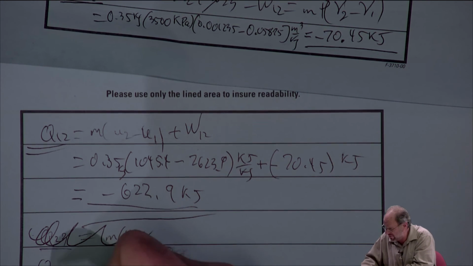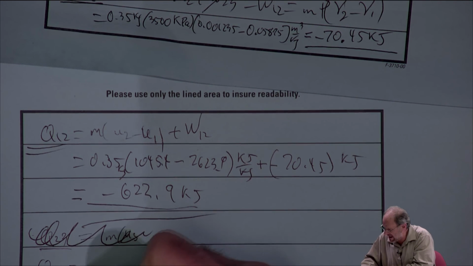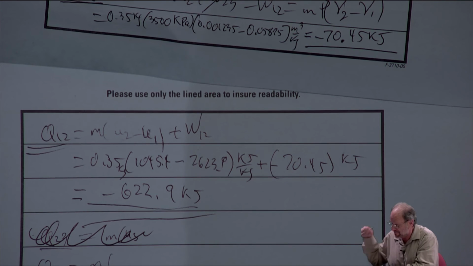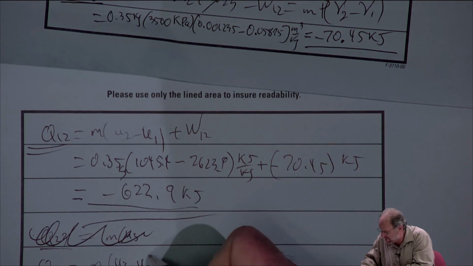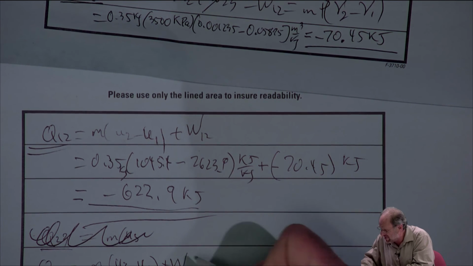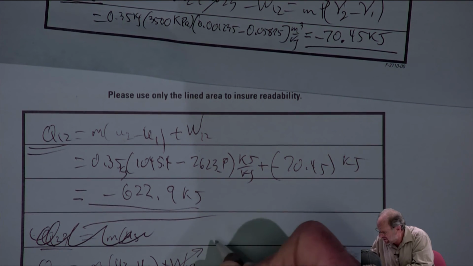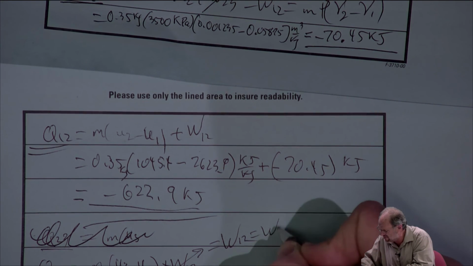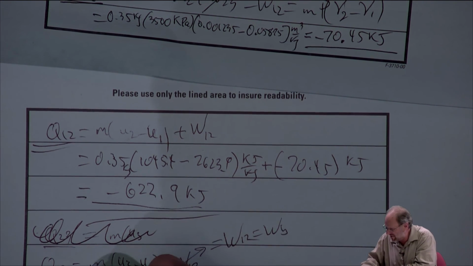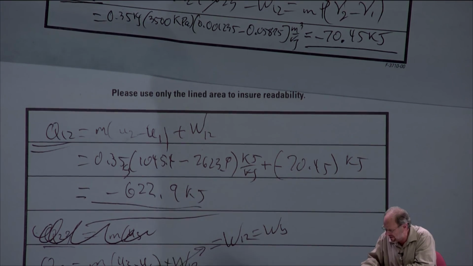I could find Q23 if I wanted to, but that's not asked of me, so I'm not going to waste the time. So Q13 is mass times U3 minus U1, and then plus the work from 1 to 3, which equals the work from 1 to 2, which still equals the boundary work. So it's everything we had before. So 0.35 kilograms.